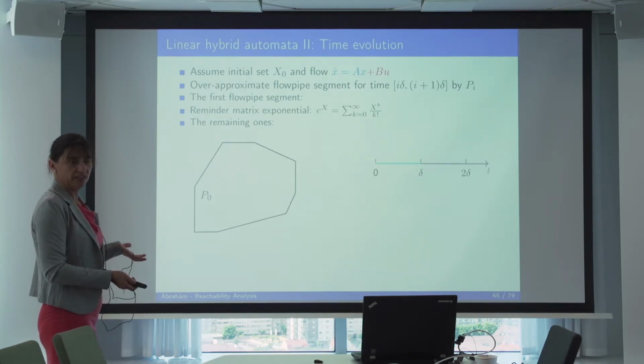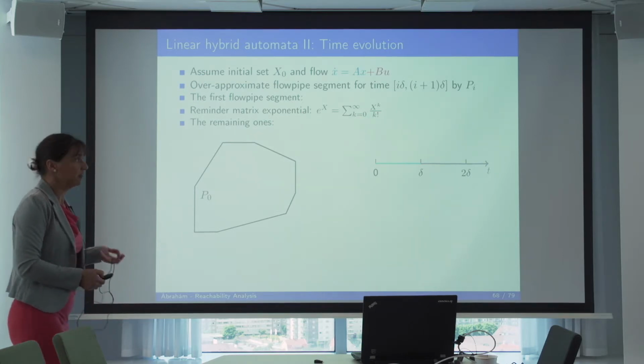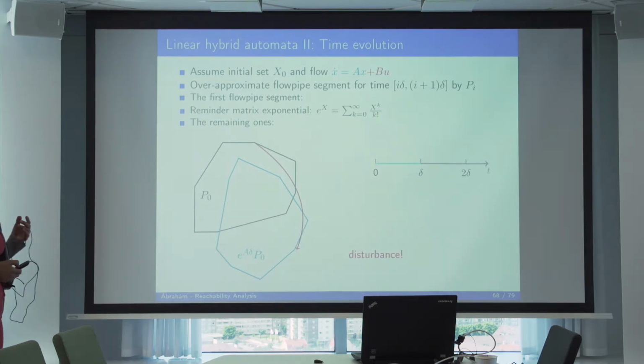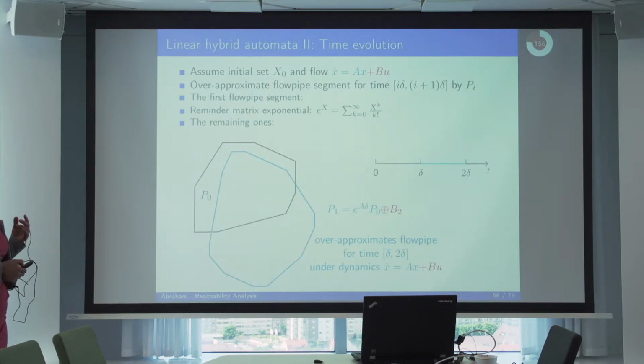So it is just the linear transformation part and not the other one. So I apply the linear transformation for time delta. And this is the over-approximation for x dot equals Ax. But now I have this disturbance Bu. So I need this second box that I computed. It is the same one. Bloat it, and then I have the second segment.